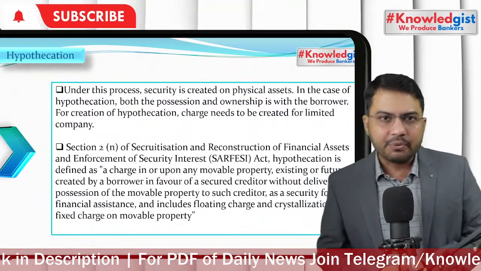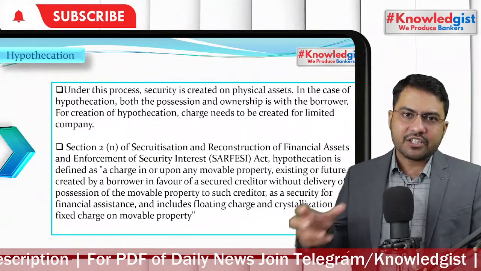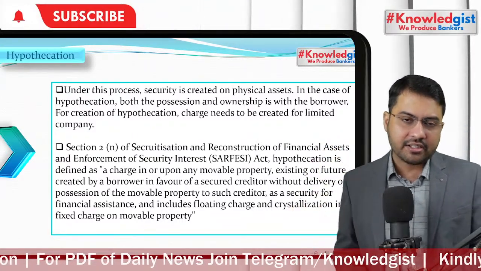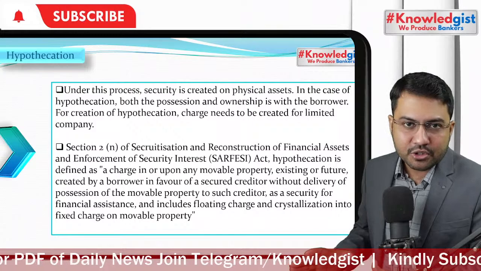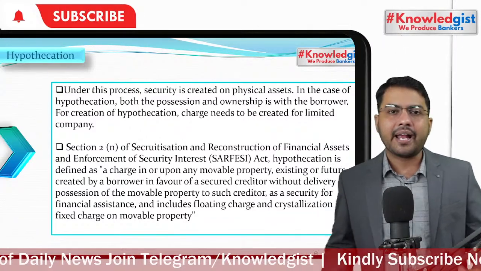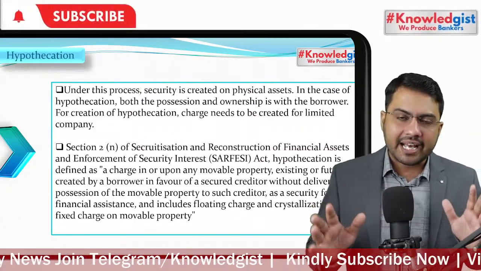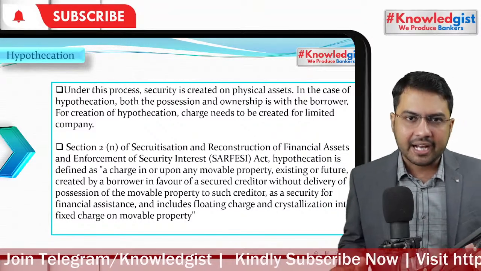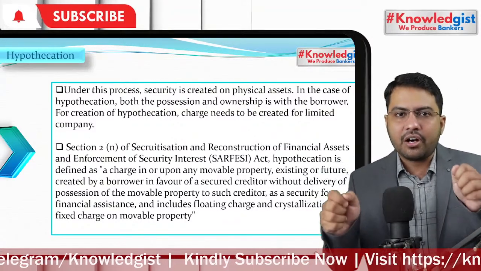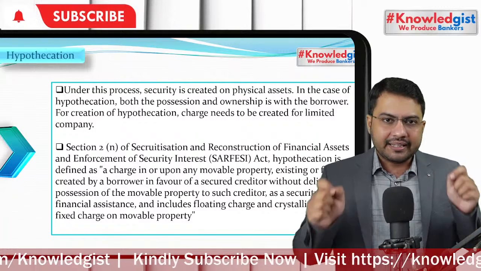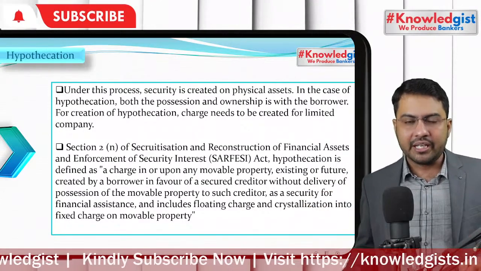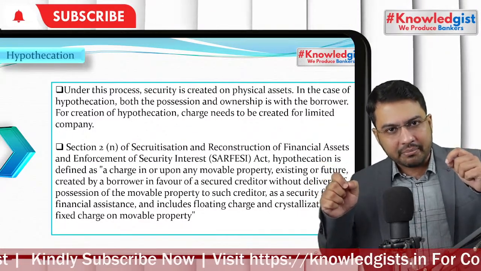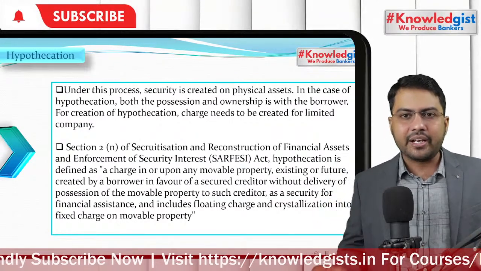So in a hypothecation, for the asset that is under hypothecation, there is no physical movement required. When I take a car loan, my car is hypothecated to State Bank of India, but State Bank of India will not take possession of my car. That possession will lie with me. The ownership of the car will lie with me.